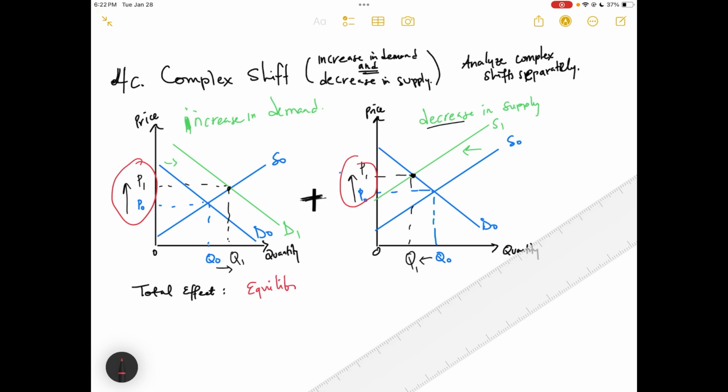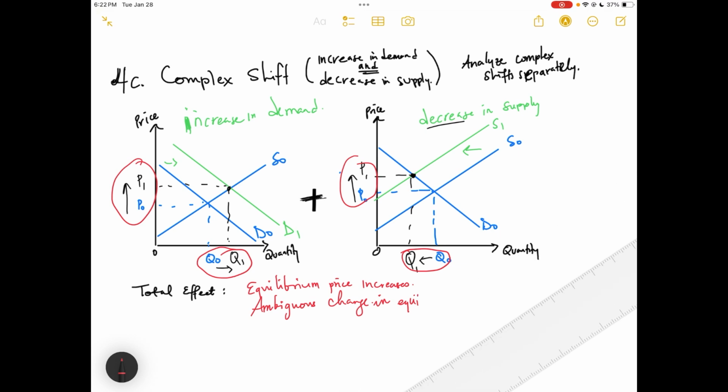So equilibrium price increases. But there is an ambiguous change in equilibrium quantity, because in the increase in demand, we see the equilibrium quantity increasing. In the decrease in supply, we see the equilibrium quantity falling, right? So we don't know which one is bigger than the other, and so we say there is an ambiguous change in equilibrium quantity.